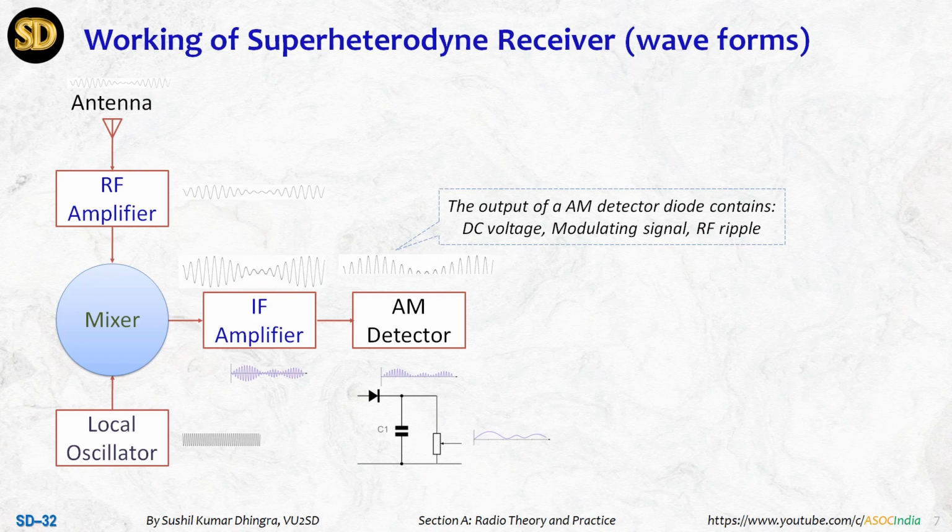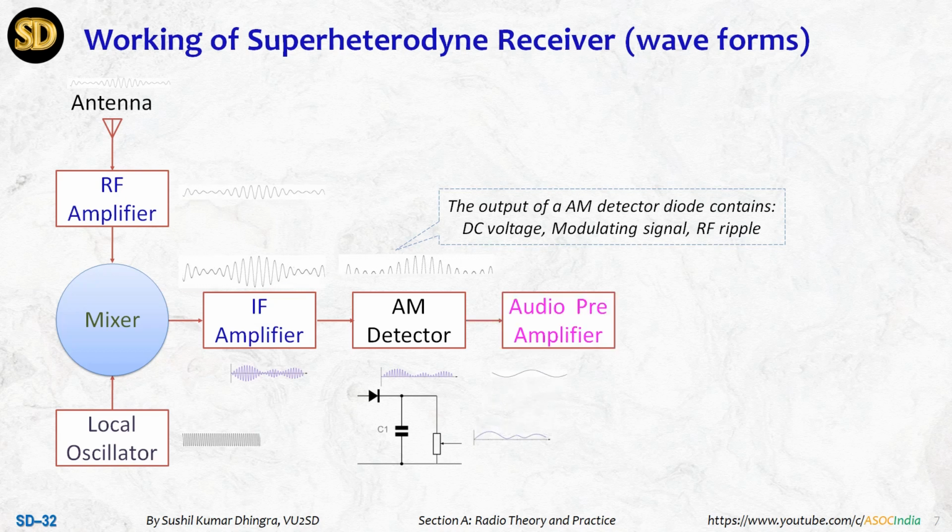This AC wave will go further to the amplifier section, the audio pre-amplifier. Now you see what happened. The AM detector received the modulated signal, and after the diode and capacitor combination, this low frequency or audio signal is bypassed and goes to the audio pre-amplifier stage.